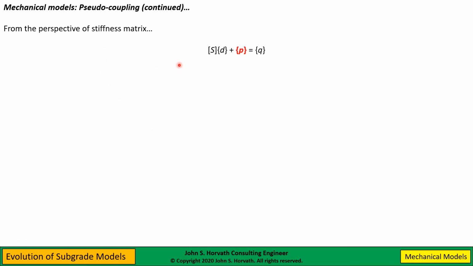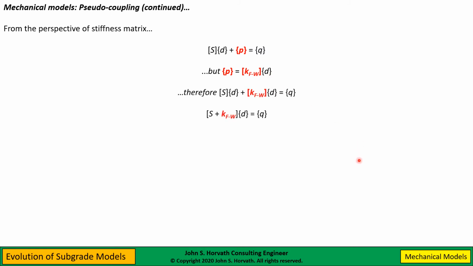We can really see this with the stiffness matrix, where we can replace the vector of subgrade reactions with a separate stiffness matrix of the coefficient of subgrade reaction and displacements.